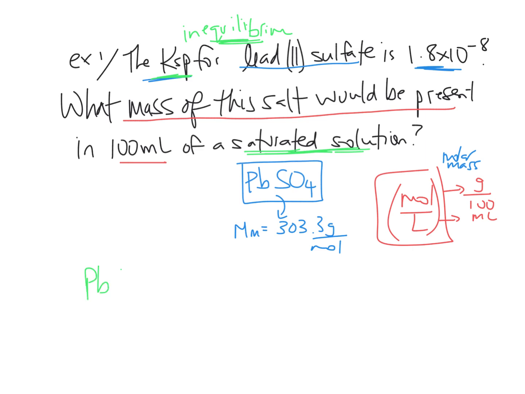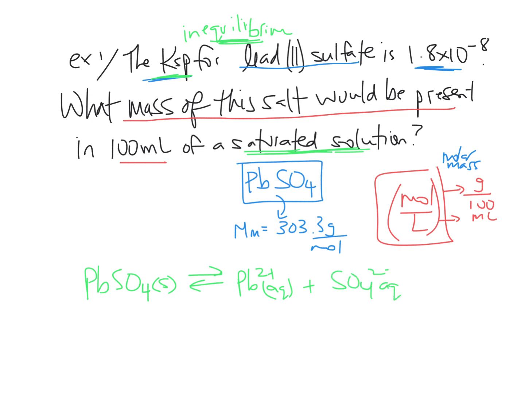So what's it going to look like when it's in equilibrium? Well, when this system is at equilibrium, we can use this chemical equation to describe it. It's going to be the lead ion and a sulfate ion.